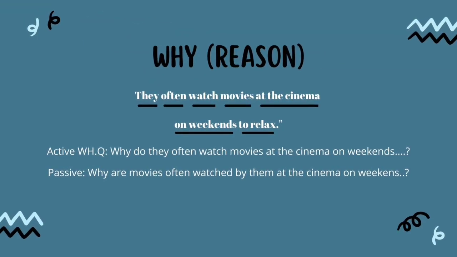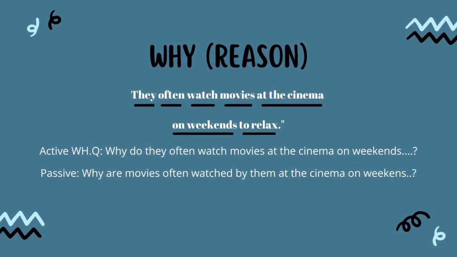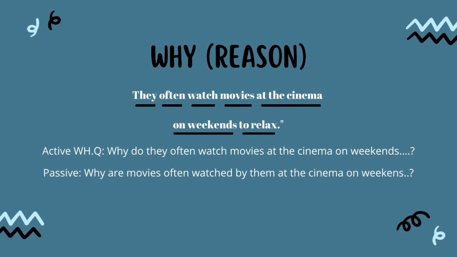And next one, the wh- question why. It's used for asking about reason. In the sentence, they often watch movies at the cinema on weekends to relax. Here we are going to ask about to relax. It's used for reason.